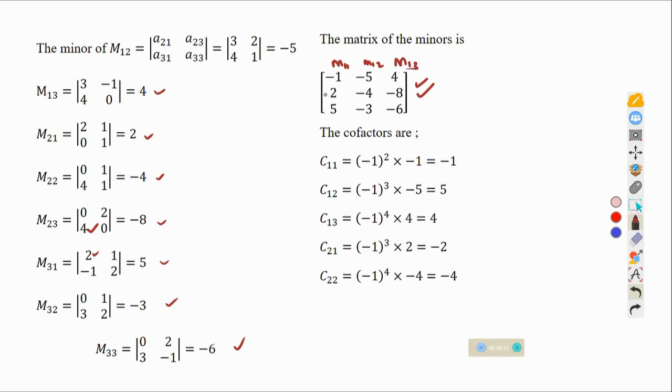So place them like that. So this is the minor 21, this is the minor 22, this is the minor 23, minor 31, minor 32, minor 33. So you can easily get the matrix of minors. Likewise, we have got the cofactors of each of the minors, so you can come up with the cofactor matrix.